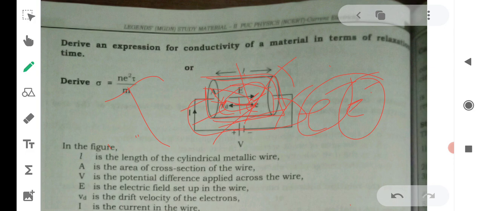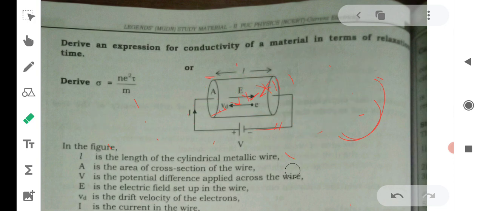So we can define relaxation time as the average time interval between two successive collisions of an electron with fixed positive ions. These are the three cases discussed in the previous class.